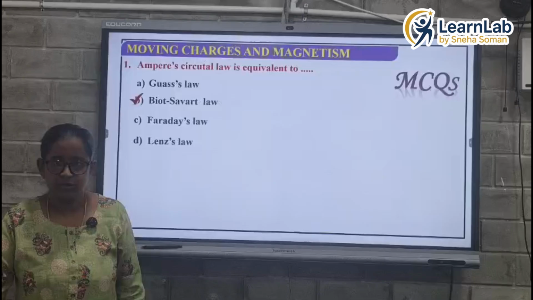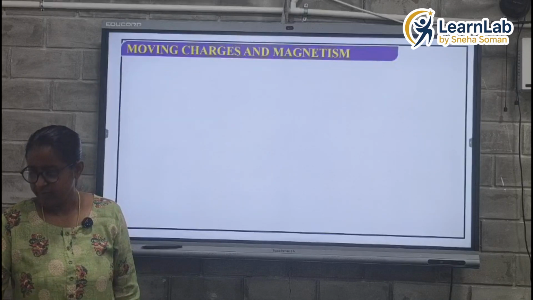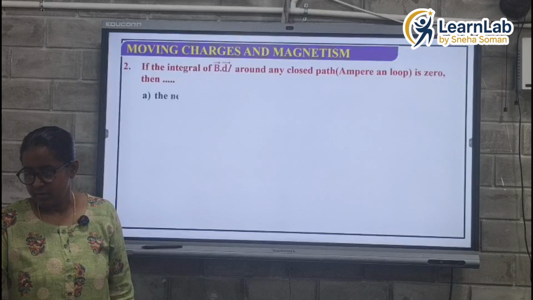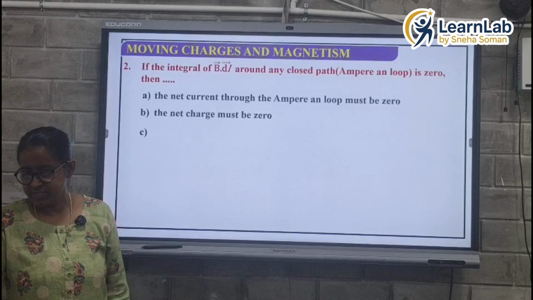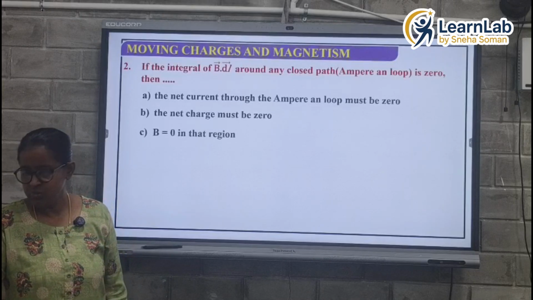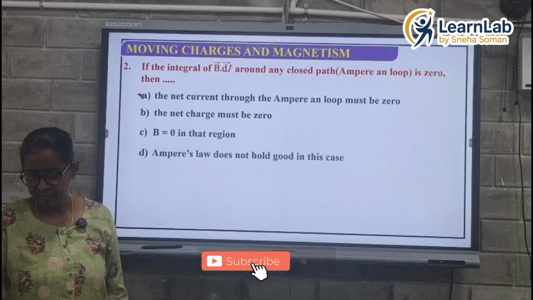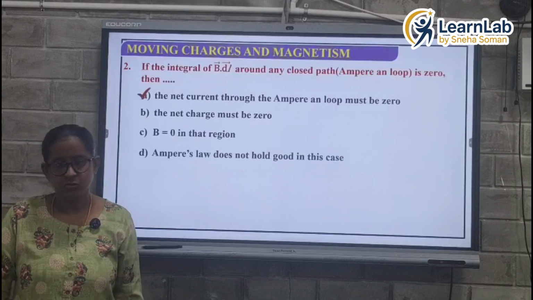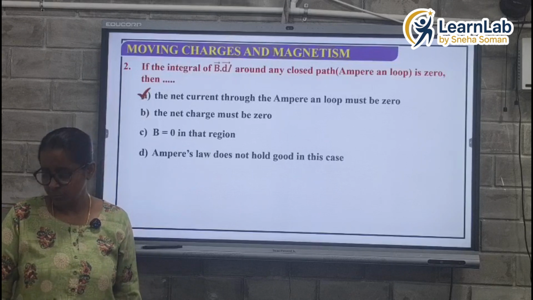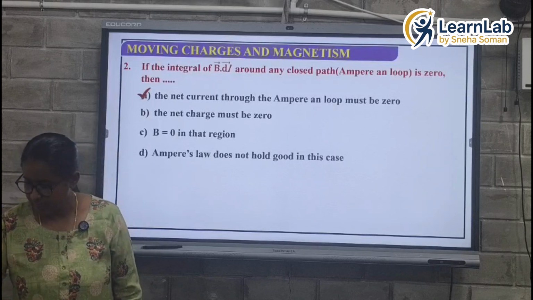So if the integral around any closed Amperian loop is 0, then the net current through the Amperian loop must be 0.